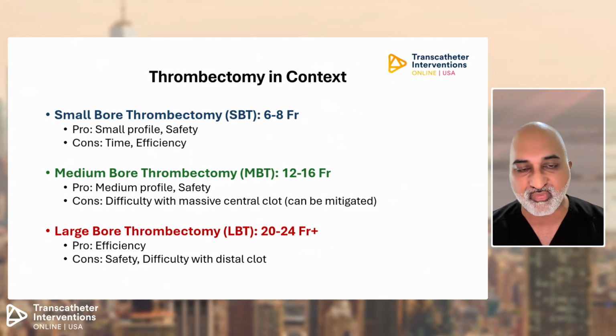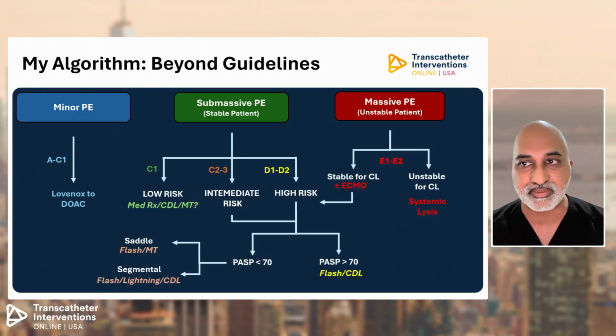So lower profile, it's safe, but of course with large central organized clot, sometimes that can be a little bit more challenging with these devices, but it can be mitigated with some newer techniques. And then, of course, there's large bore mechanical thrombectomy, which is 20 to 24 French plus. It's very efficient. Of course, there can sometimes be risk with large bore devices and also difficulty with distal clot.